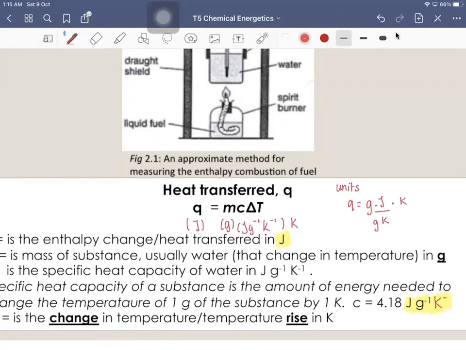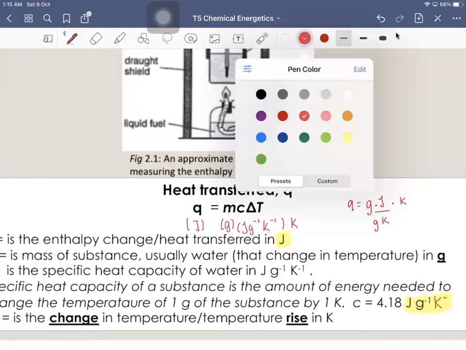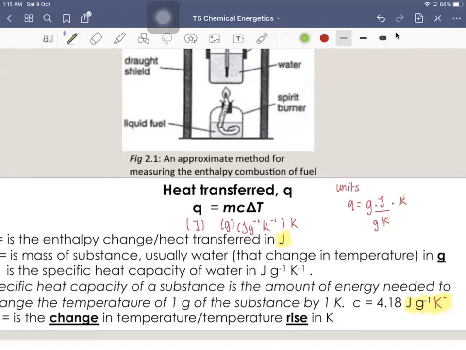So you can see that the Kelvin cancel out nicely. The grams cancel out nicely. So that gives you the unit for Q, heat transferred or energy, as joules.